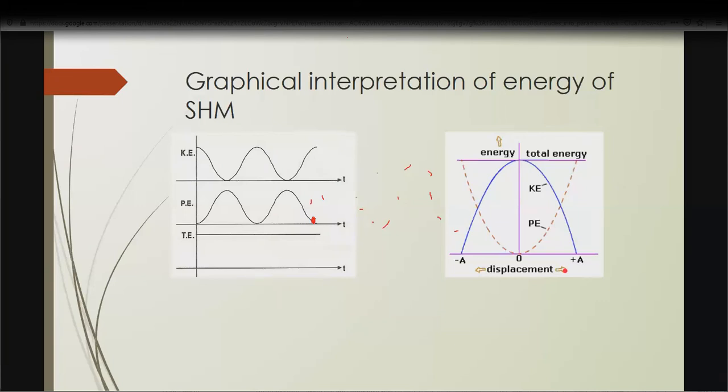Now, try to graphically represent the physical quantities we discussed during this lesson. That means variation of acceleration with displacement. Try to plot that one. Variation of acceleration with displacement. Try to plot.